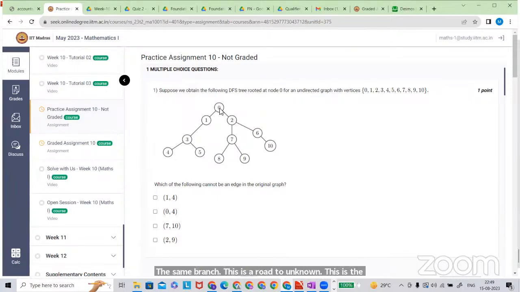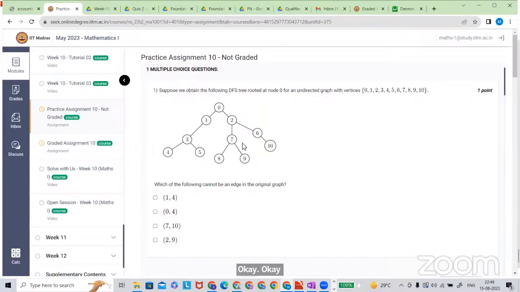Even 0 is following the same branch. But 1 we cannot say, sir. Sir, 1 is connected to 0 and 0 is connected to 9, but we cannot say that 1 and 9 are the same. Here this one is the root, and these two are branches. Okay.